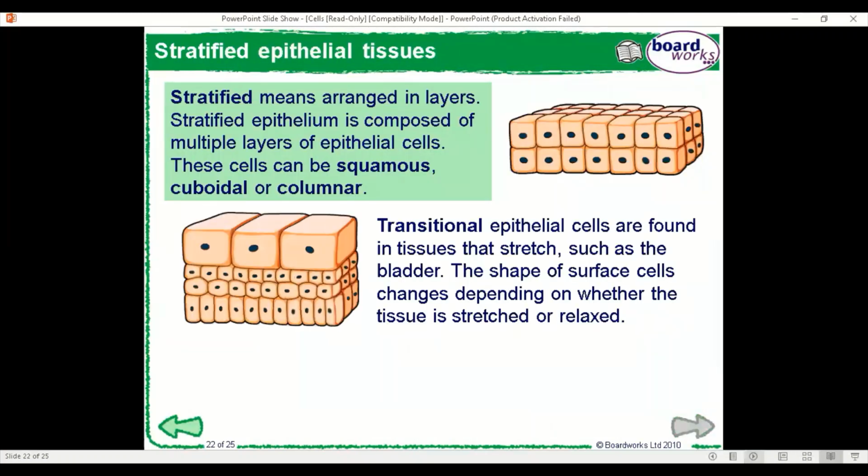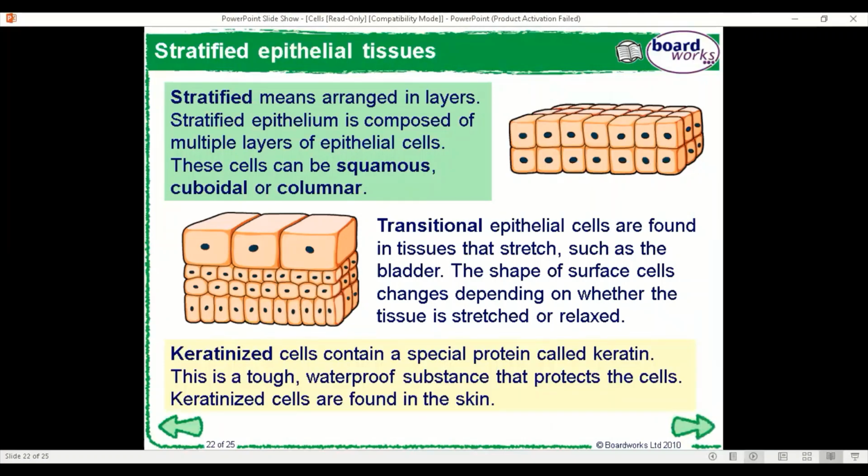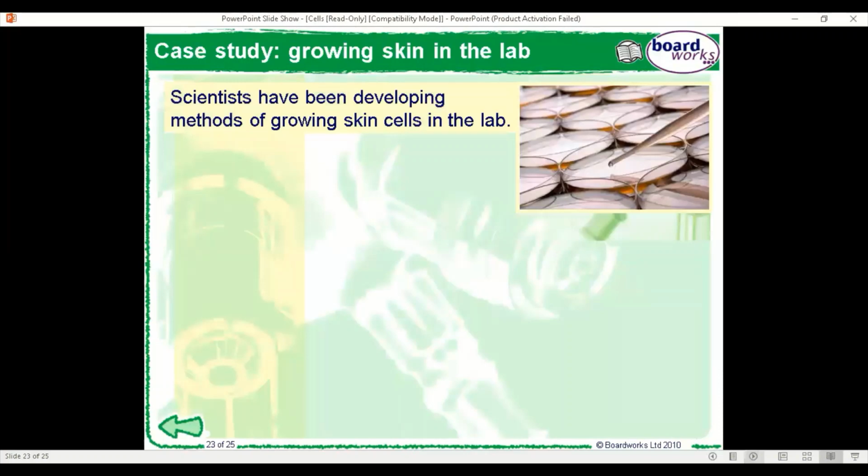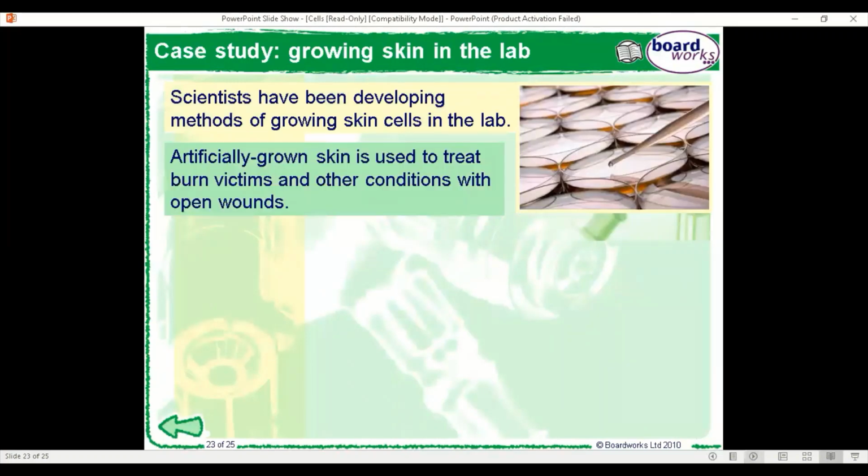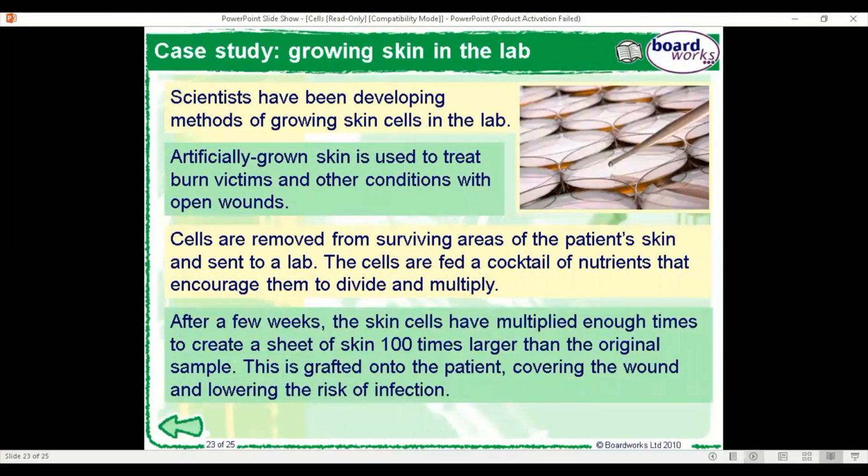And I'll put these up. As I say, you don't need these at the moment. This is an interesting point which I've read through. It's like an application of information. It's where scientists have developed skin cells in the lab. People who have burns or problems need skin, and they can actually grow the skin in the lab.